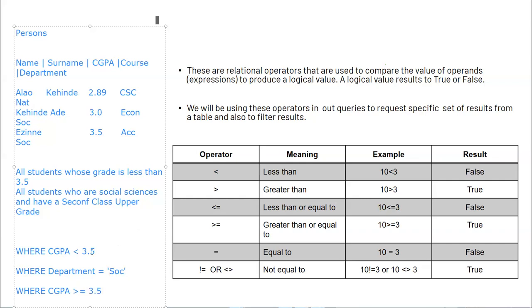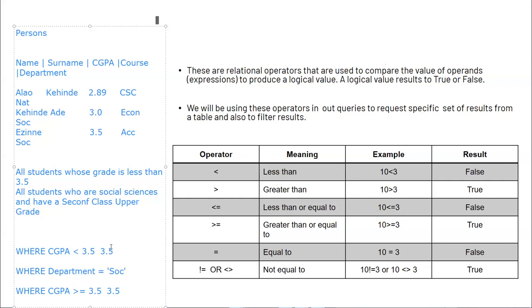So what we mean is very explicit. When I say less than 3.5, I'm saying that the CGPA is not equal to 3.5, it's lower than it. So in the result, 3.5 is not going to be there. When I say greater than or equal to 3.5, I'm saying that it can be greater than 3.5 or it can be equal to 3.5. So 3.5 will be in my result where I'm writing greater than or equal to.